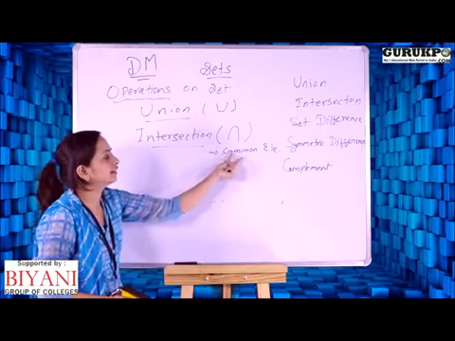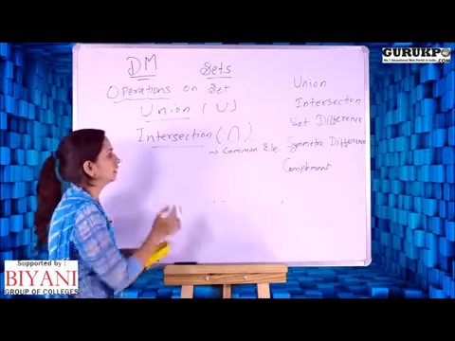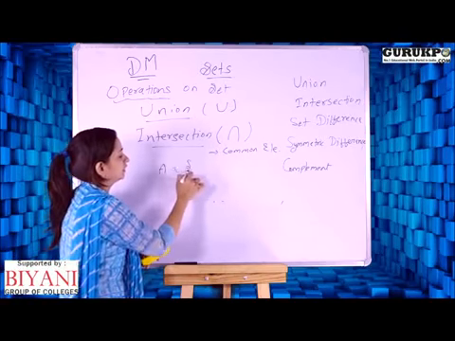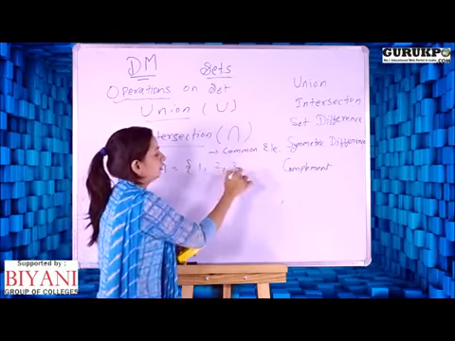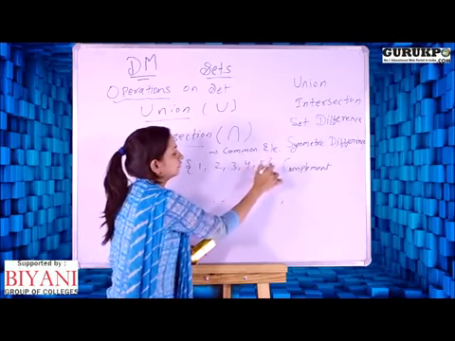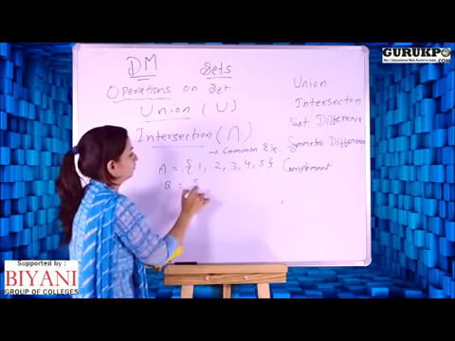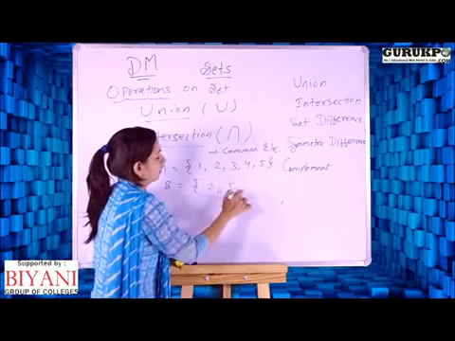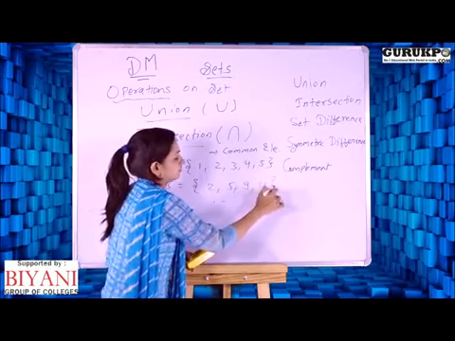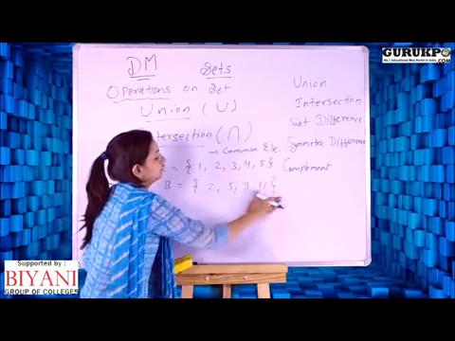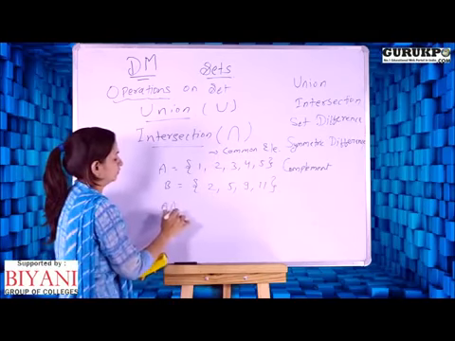In the intersection we find the common elements of both sets. For example, if I have set A as 1, 2, 3, 4, 5 and set B as 2, 5, 9, 11, we will find the intersection of these two sets.